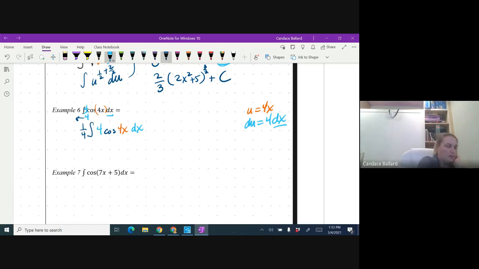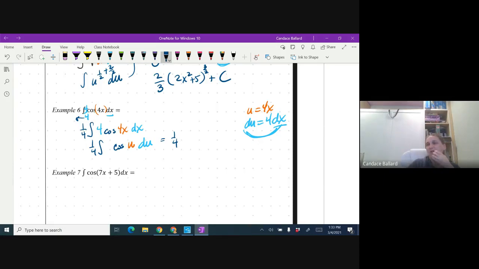Okay, we're ready for that u-sub step now. So I've got 1/4 the integral. I'm keeping the cosine. I am putting in u for the 4x, and I'm putting in du for the 4dx, because that's what we got over here. All right, let's see if we remember this. We did it the other day. What is the integral of cosine?